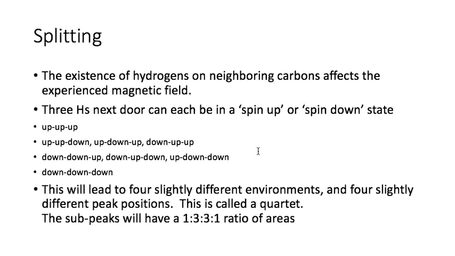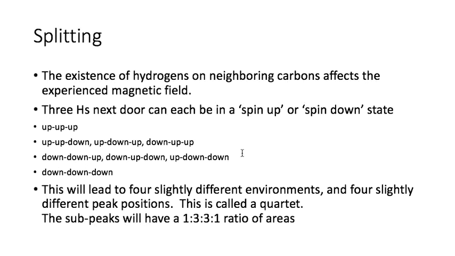Now this can go on. We can slice and dice this a lot, but this is going to be the last one I'm going to go through explicitly. If you have 3 hydrogens next door, and the reason that we care about this is because 3 hydrogens is a methyl group, and that's pretty common. And they can each be up or down, so you can have all of them up, all of them down. You can have 2 up and 1 down 3 different ways. You can have 2 down and 1 up 3 different ways.